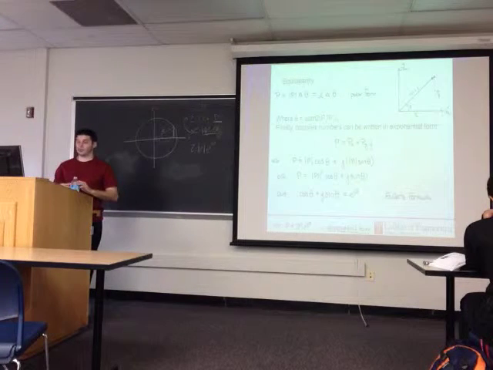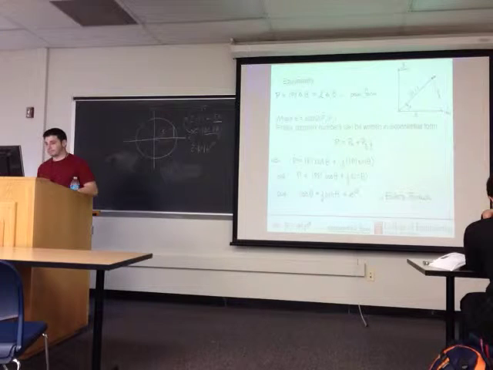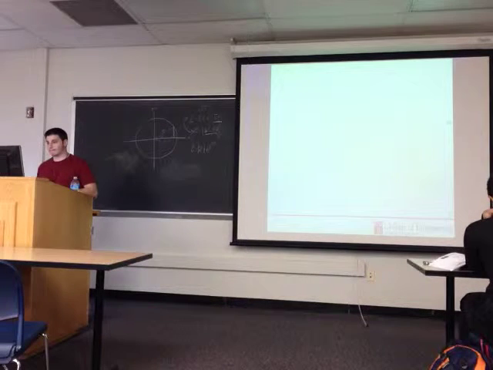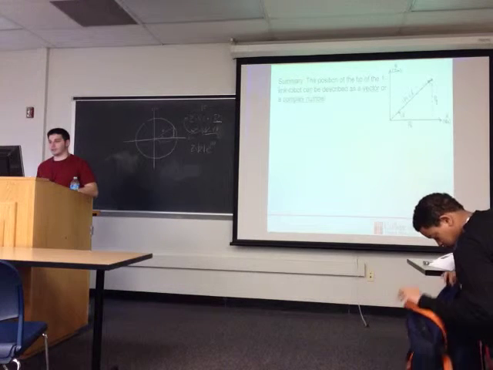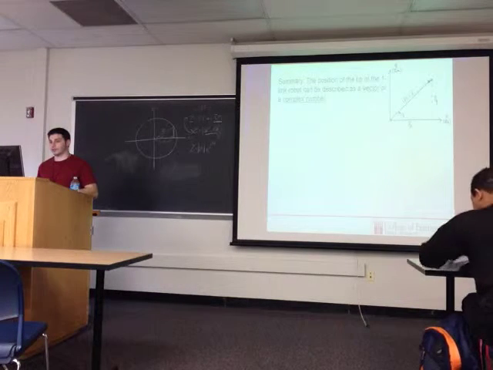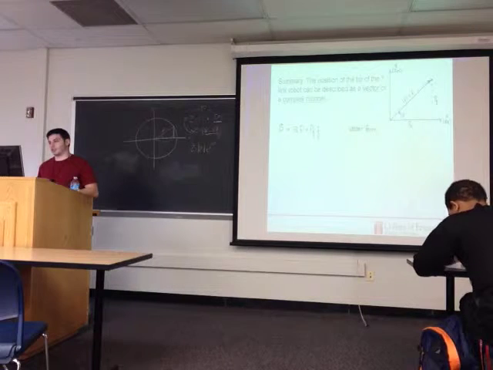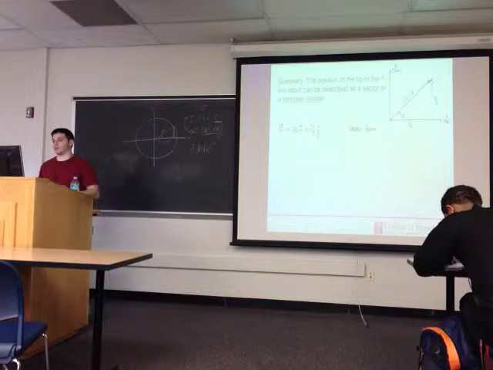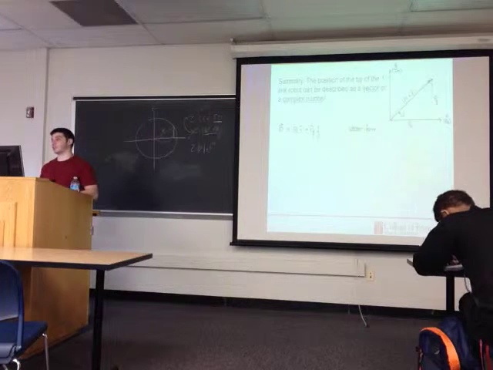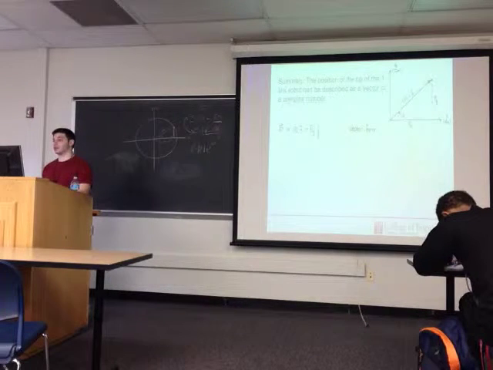Does that make sense? All right. This is pretty much saying the same thing, that the point right here can be represented either as a vector or a complex number along the complex number plane.